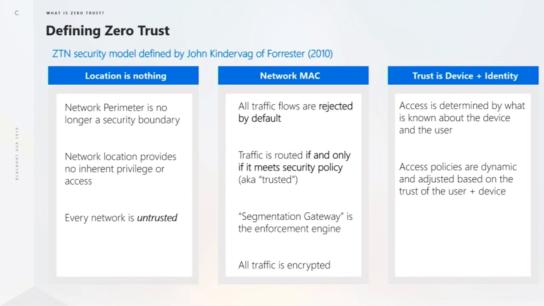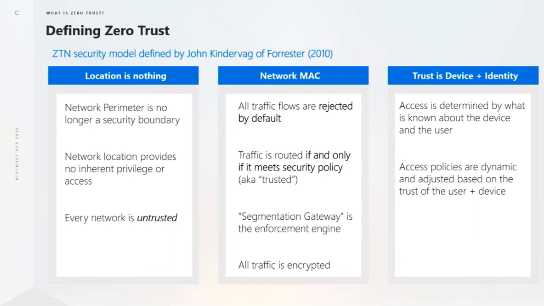The second thing that's very interesting, in my opinion, is this idea of everything is rejected by default. And again, to harp on that term, mandatory access control, in a world where you have a centralized proxy that understands identity and device trust, by default you're dropping all traffic.